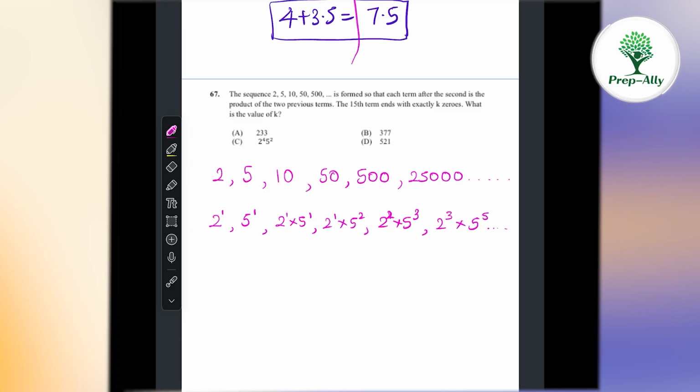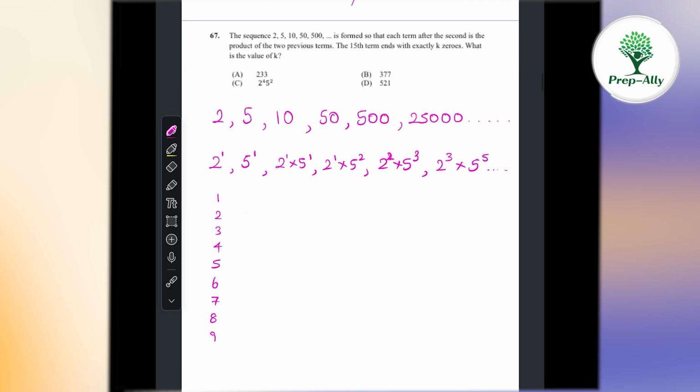So from this we notice that the number of zeros depends on what power 2 has, right? So let's make a table. So for 1, 2, 3, 4, 5, 6, 7, 8, 9, 10, 11, 12, 13, 14, 15.